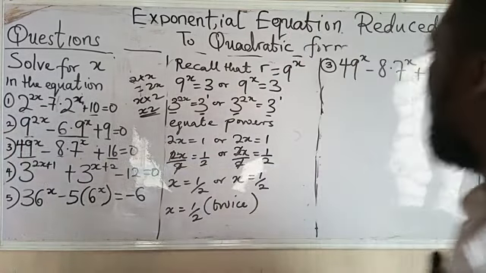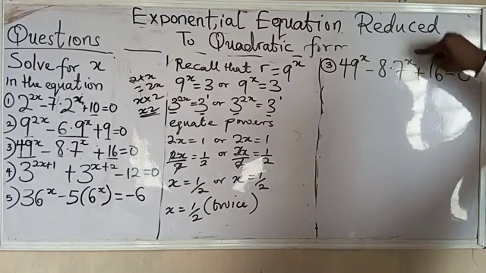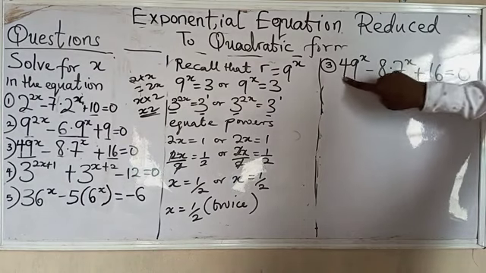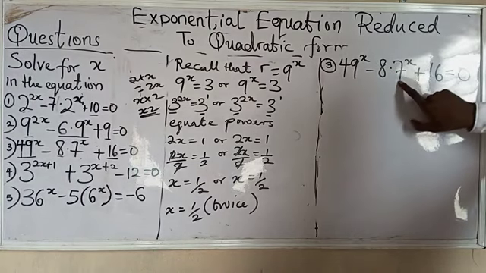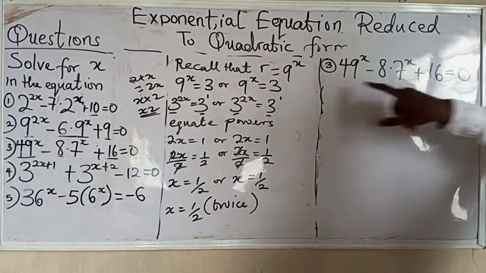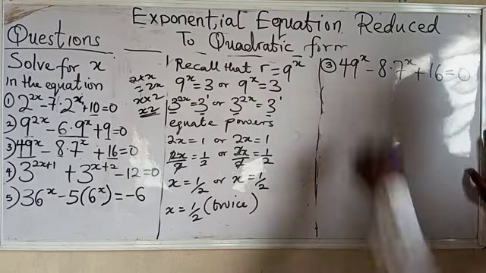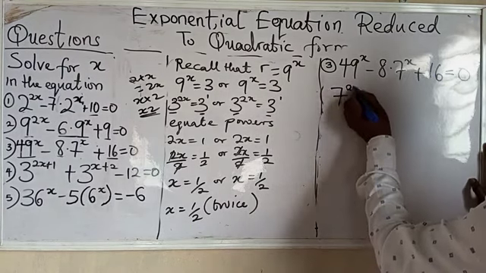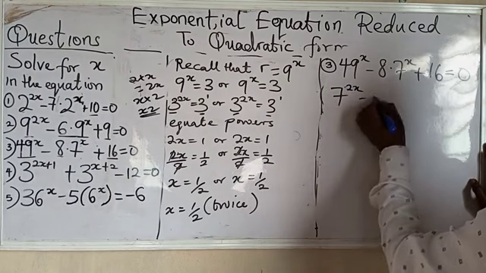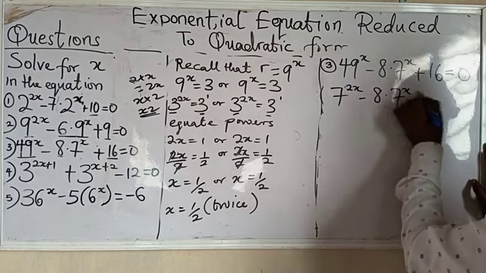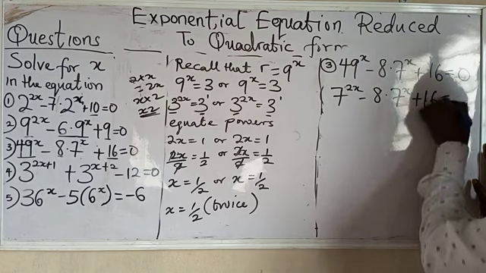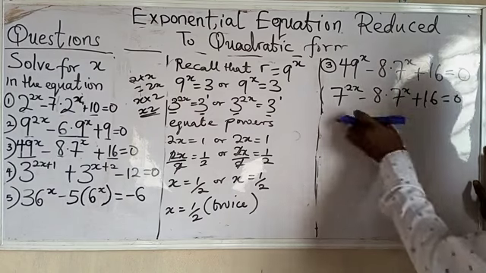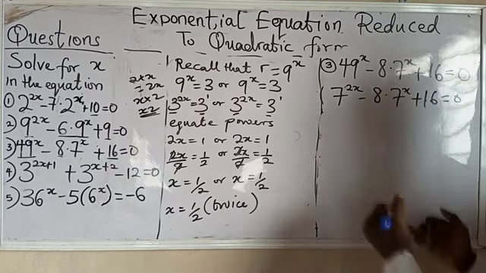So 49, and we have seen 7 raised to power x here. So we can as well break this one down to 7 raised to power 2x minus 8.7 raised to power x plus 16 equals 0. So you have to break it down like this first, then we now proceed.